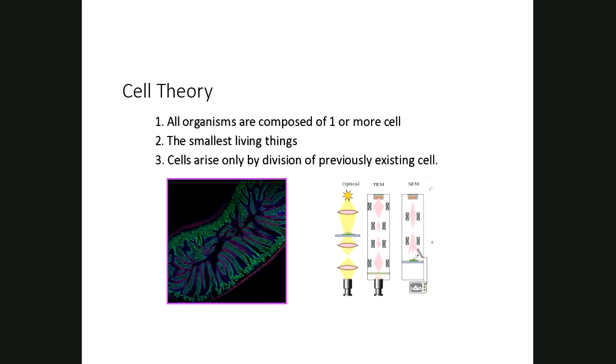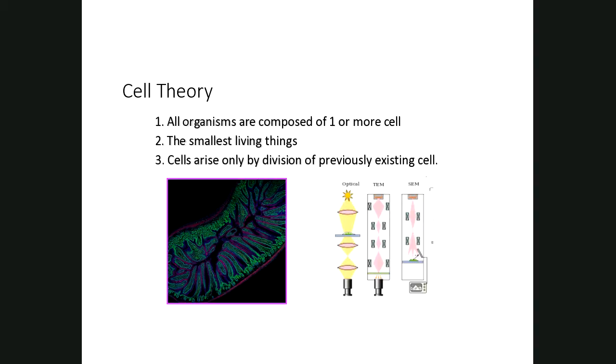There are a couple of different things that we need to know before we delve into the complexity of cells, what makes up a cell, and the inner workings of a cell. The basics of the cell is something that we call cell theory.